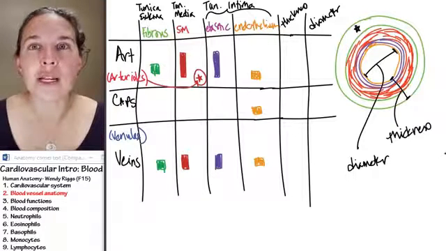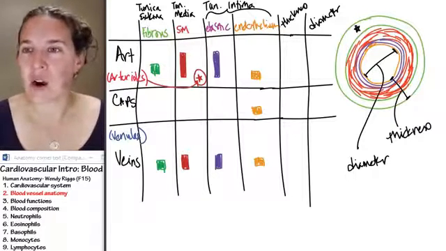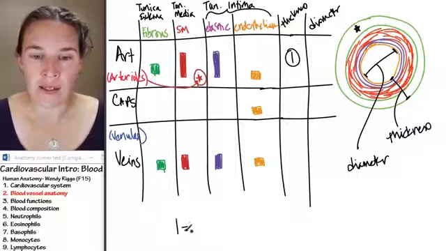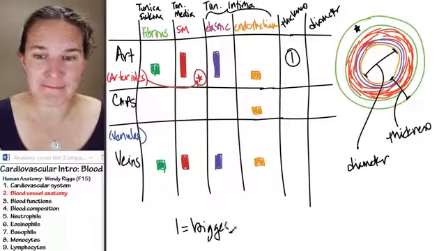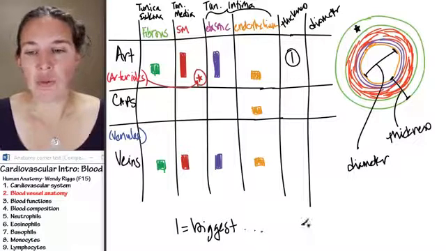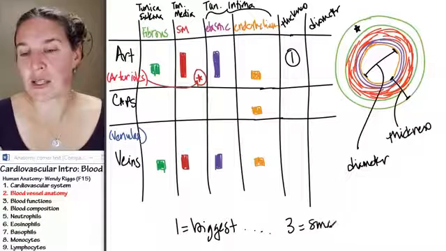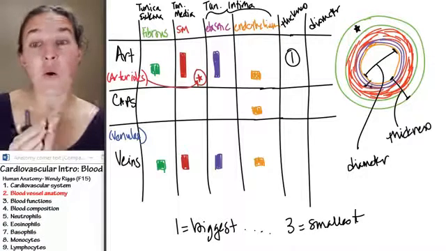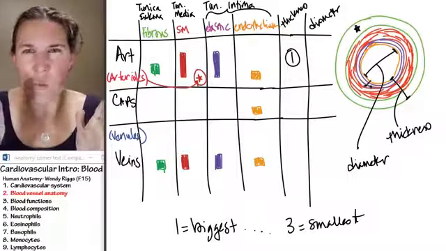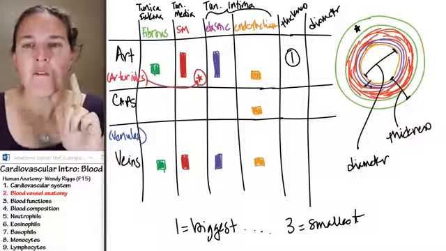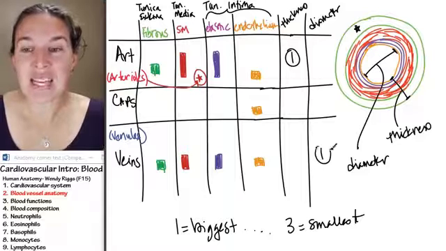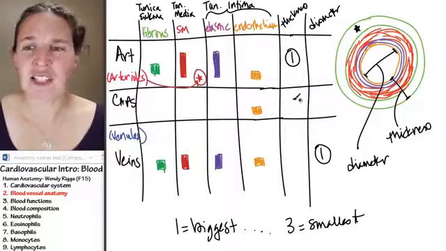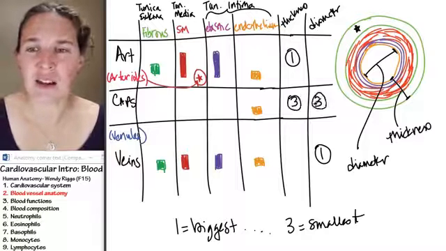Now, arteries, the thickness of the artery is the highest. So I'm going to do 1 equals biggest, and then we're going to go to 3, which is smallest. And so we're going to use the same numbering system for both of these. So arteries have the thickest wall. Veins have the biggest diameter. Capillaries come in last place on all of them.